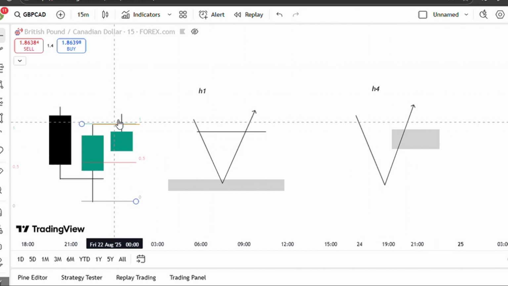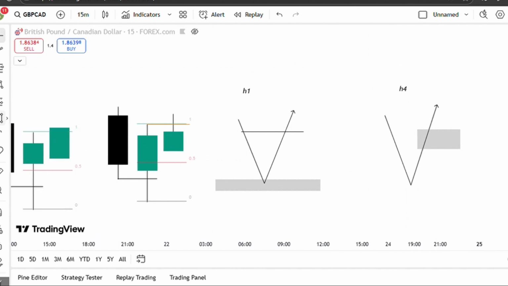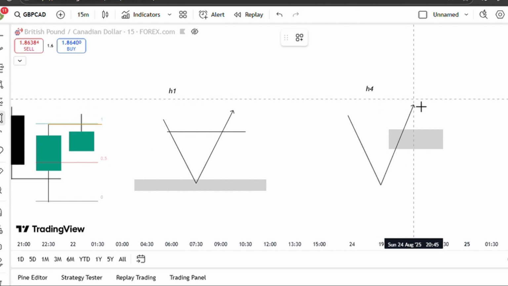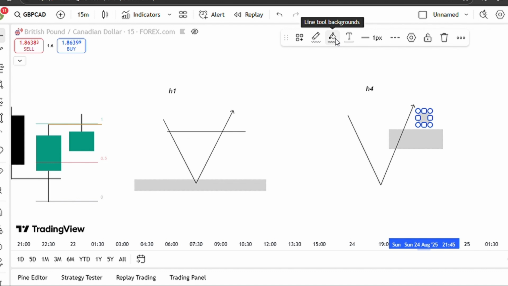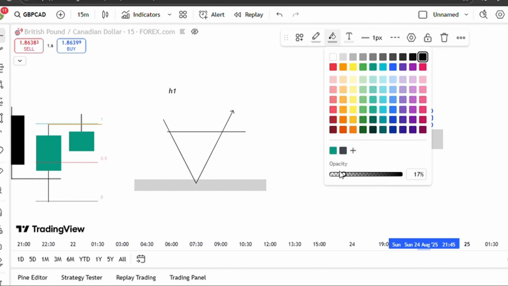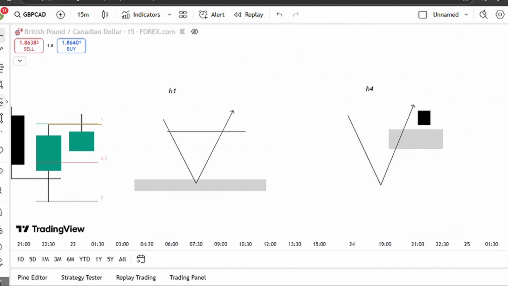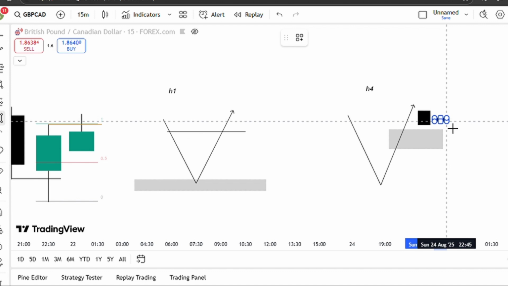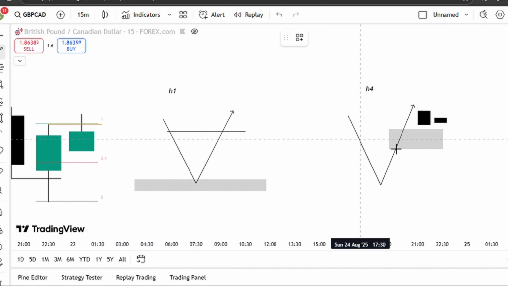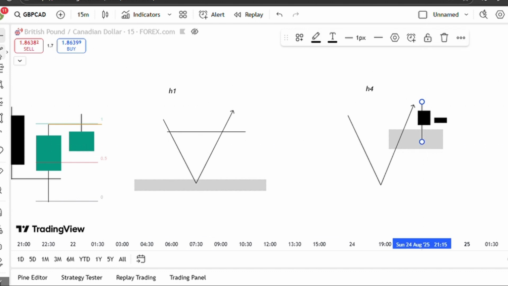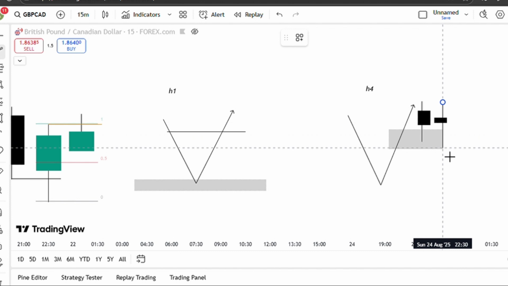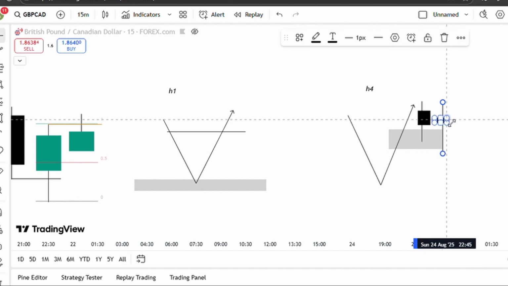Now, this third day, when this third day opens, you'll get to see that it will open over here. Let's say it opened this way, and then it printed a candle. Do you get it? Now, you look at your previous candle, and then you realize that if it has not yet formed a reversal candle, then you should wait for a reversal candle to get formed. Do you get it? Now, when a reversal candle gets formed this way, right, and then this candle took that previous candle and then closed inside the range.